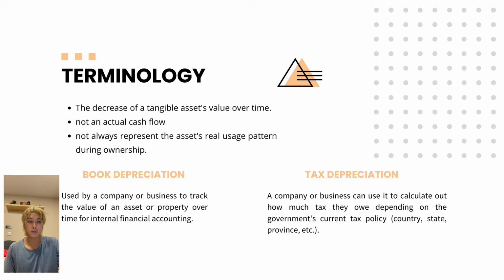A company or business can use it to calculate how much tax they owe, depending on the government's current tax policy, country, state, province, etc. Even though depreciation is not a cash flow by itself, the amount of tax depreciation is a deductible factor when calculating annual income taxes for the company or organization. It might result in actual cash flow changes.